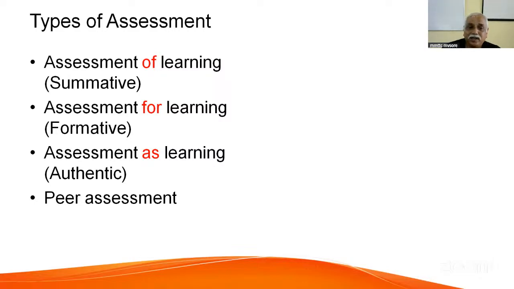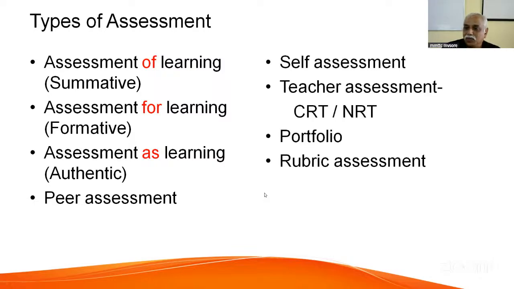In schools we are talking about only assessment of learning and for learning. Now we have to go towards making assessment as learning. To promote that, we have different kinds of assessment activity. One of them is peer assessment. Peer assessment is among the same group of people, same classmates, same class.